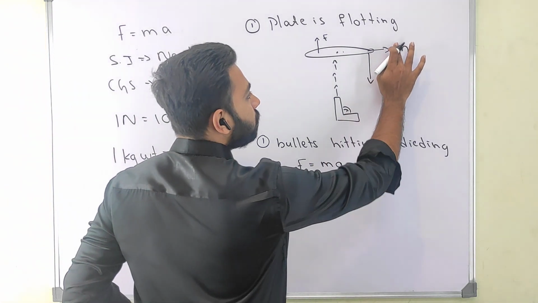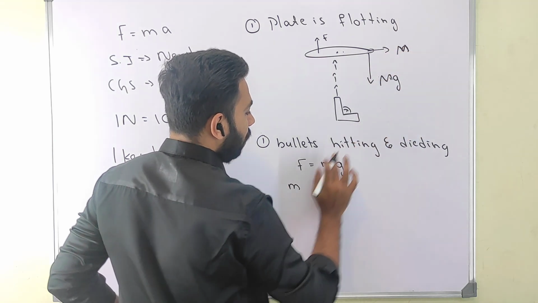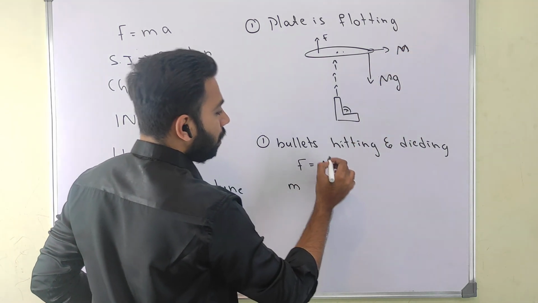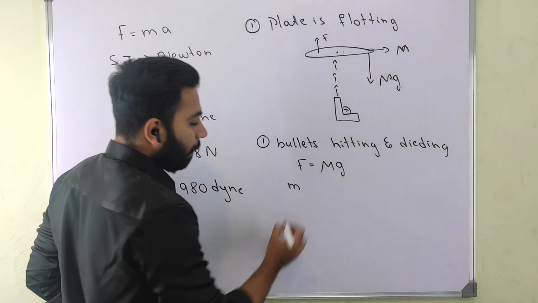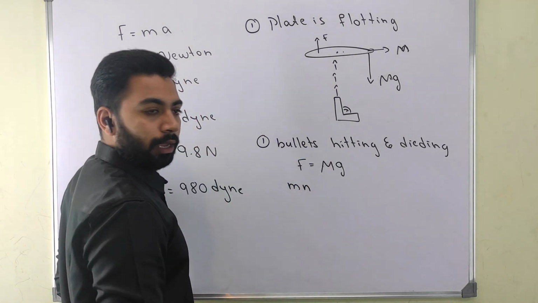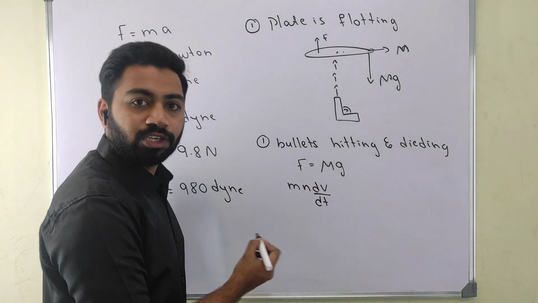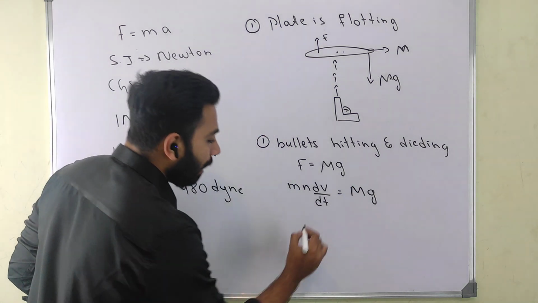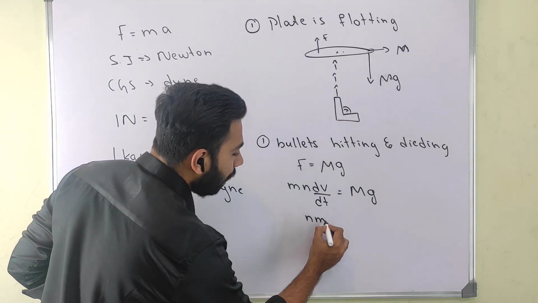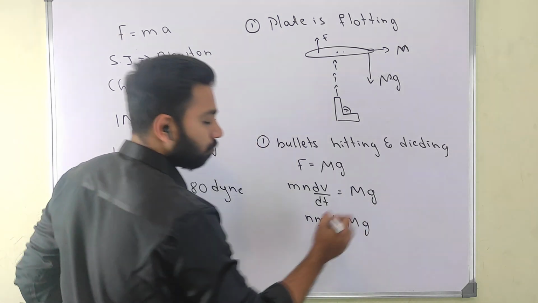Let us take this one capital M, because थोड़ा अच्छा रहेगा, capital mass. Now this small m is mass of bullet into number of bullet into dv by dt, मतलब velocity of bullet, which is equal to capital M into g. I can write n m v by t is equal to mg.